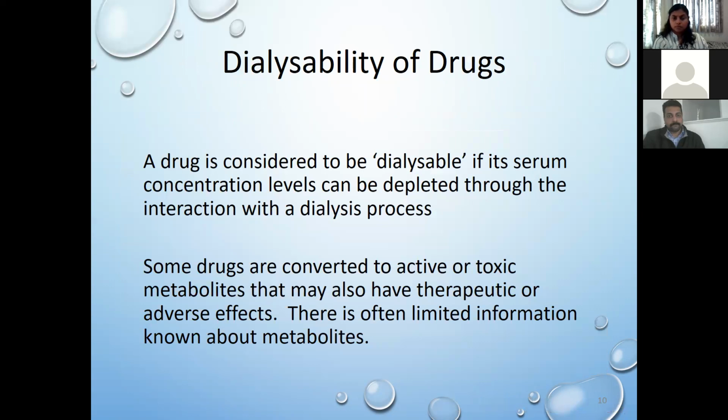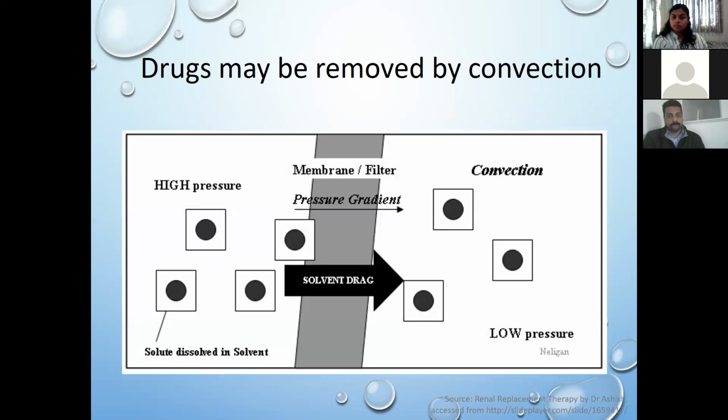Cool. Now, hemofiltration is a technique where a large amount of ultrafiltration, so more than is required to remove excessive fluid, is coupled with infusion of a replacement fluid in order to remove solutes.